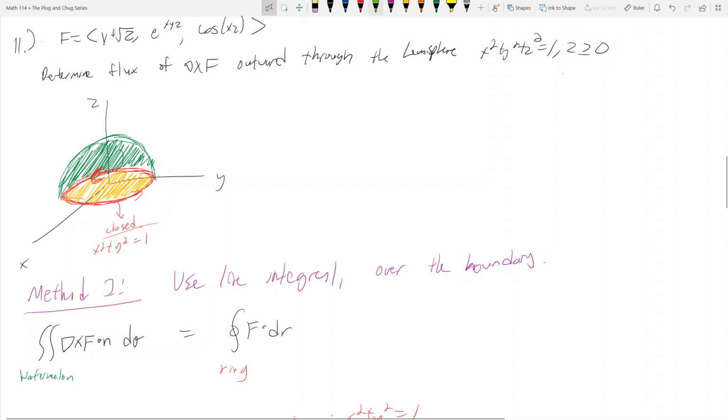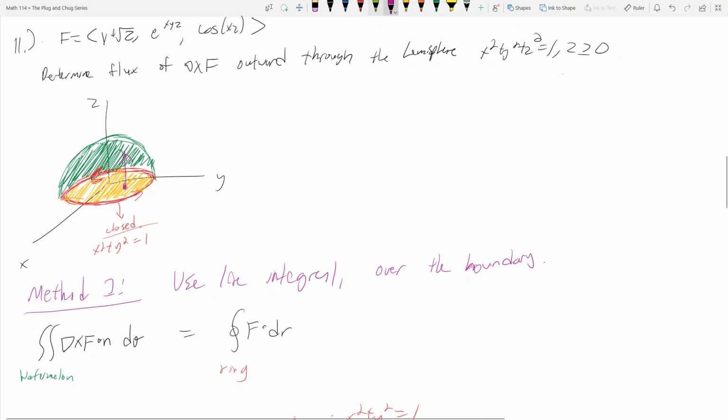Well, the yellow disk is in the xy plane, right? And if we're in the xy plane in 3 dimensions, then the outward pointing normal is always just going to be that guy, right? It's always just going to be 0, 0, 1, pointed in the direction of z, right? I mean, we talked about this for a really long time in the surface area stuff, right?